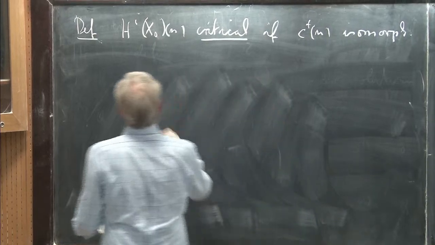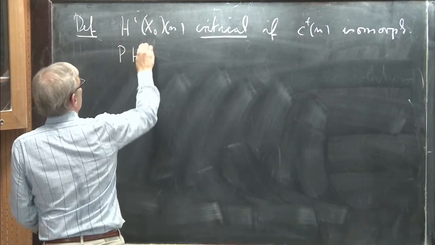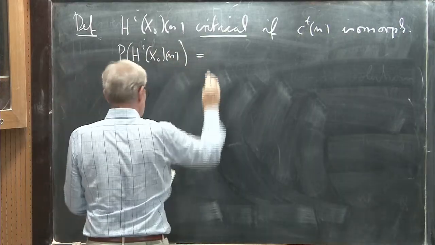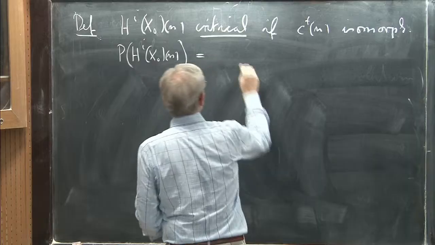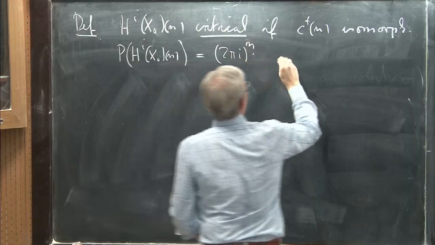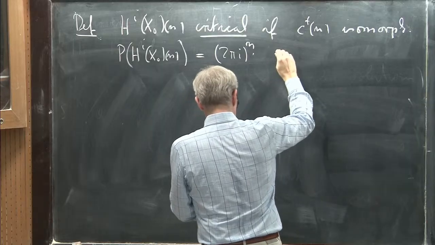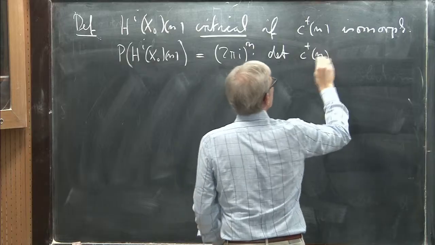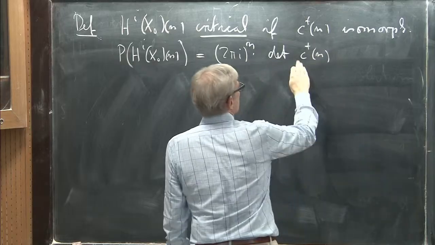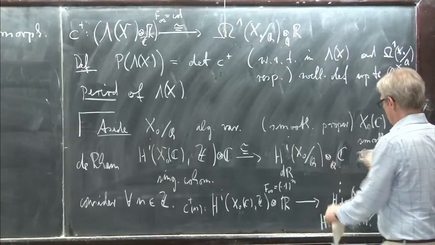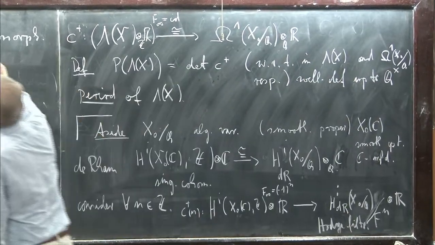And then, if I have that, I can define in general the period. It is defined to be 2 pi i to the n times the determinant of this C plus n, again with respect to the bases taken here and here. So it is well defined up to rational numbers.